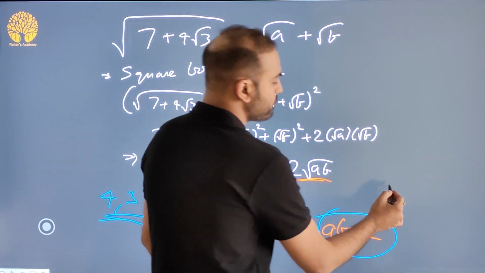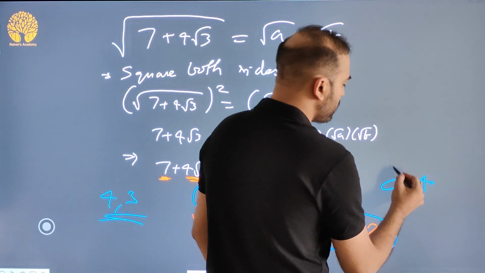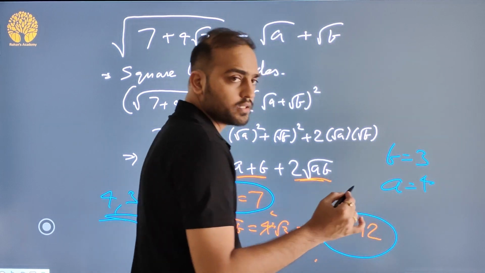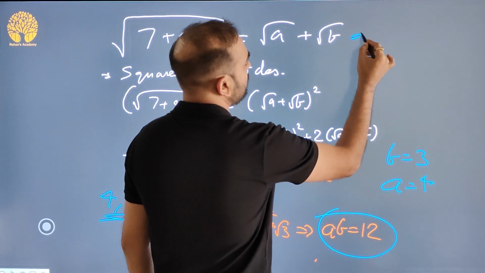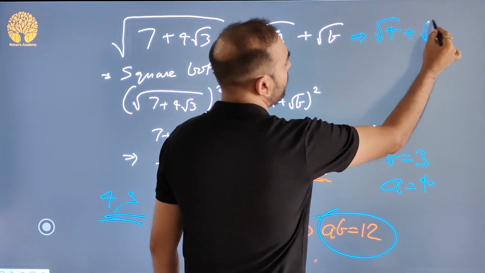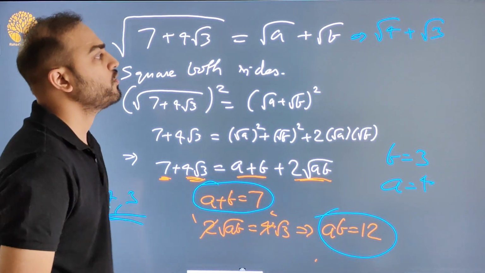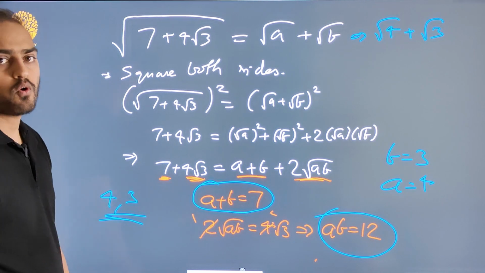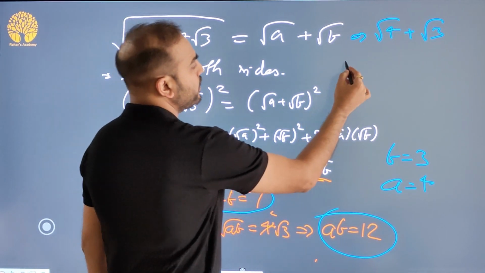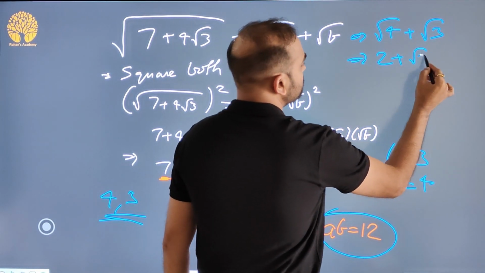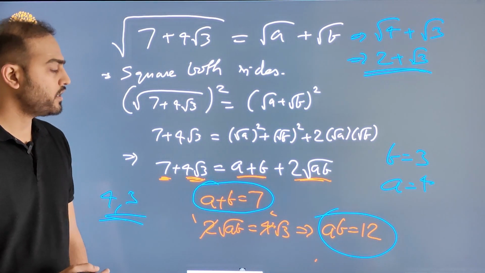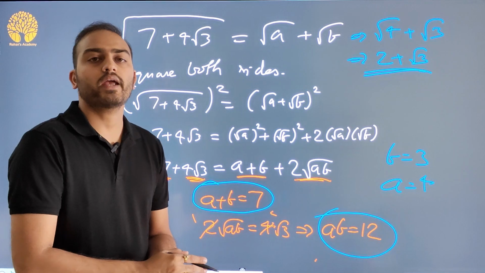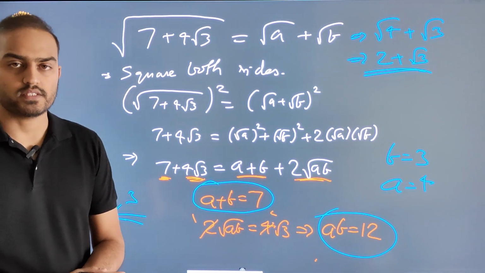That means a is equal to 4, b is equal to 3. So your answer becomes root 4 plus root 3, which is 2 plus root 3. So this is how we find square root of surds.